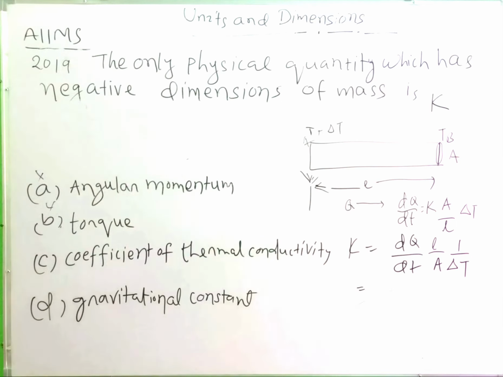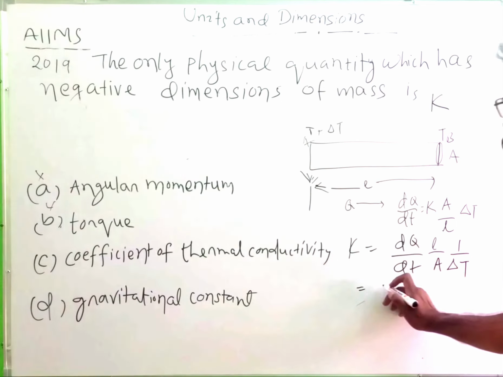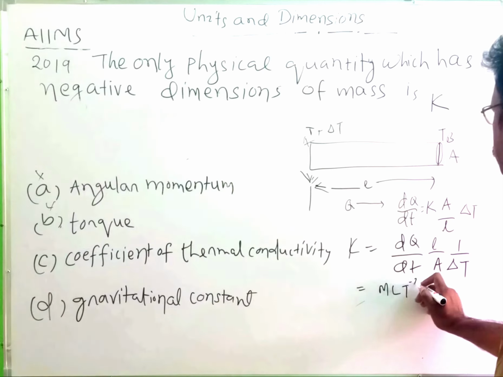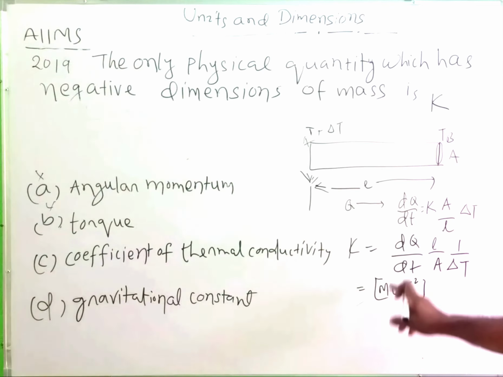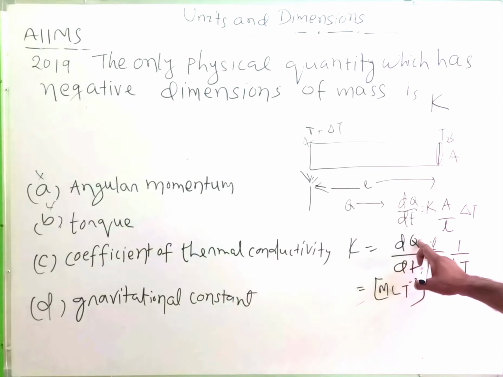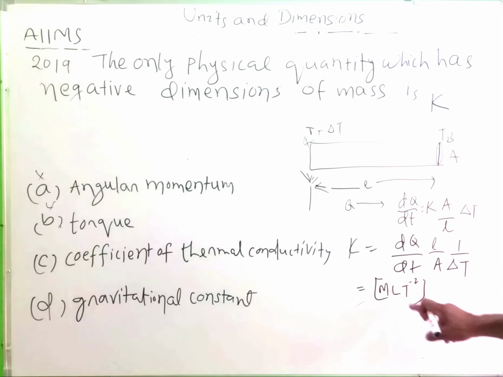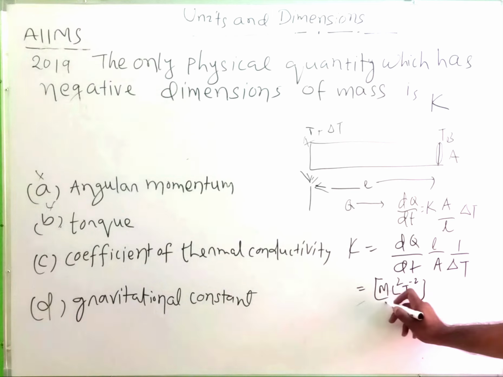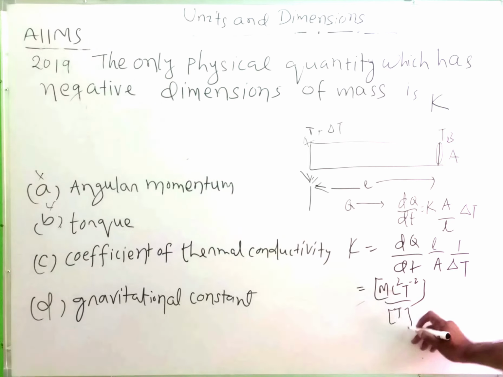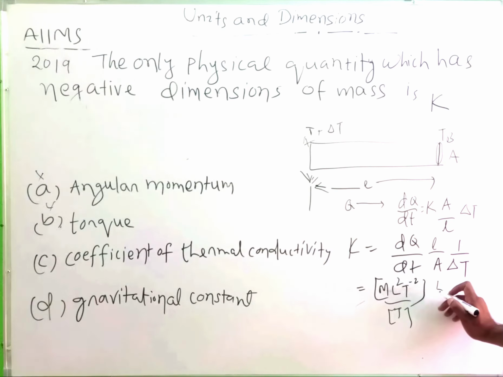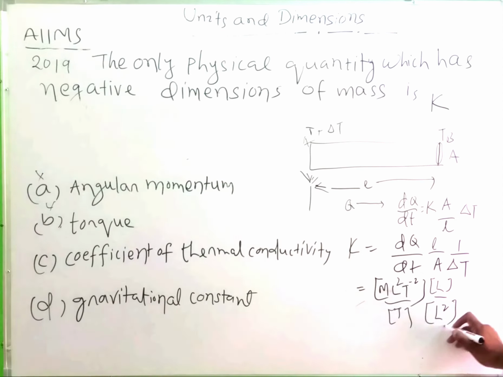Okay student, then dQ is heat energy, and we know every energy has the dimension M L^2 T^-2, divided by T, and this is L by A, meaning length by length square. Area has dimension L^2, and 1 by delta T we write as K, degree Kelvin.